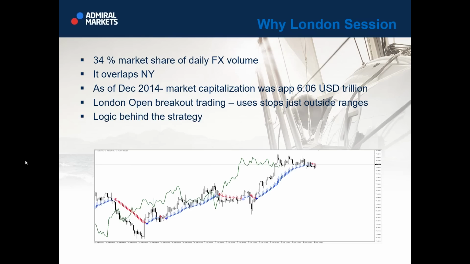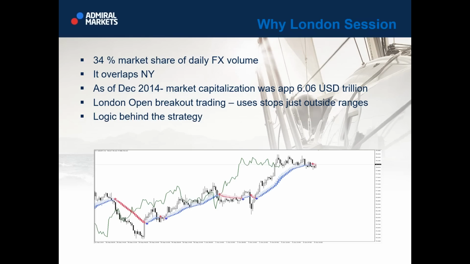Once all the stops and weak positions have been cleared out, the initial move slows and often reverses. That is why London Open trading is applied prior to positional trading. Do not forget that we are talking now about London Open breakout trading.